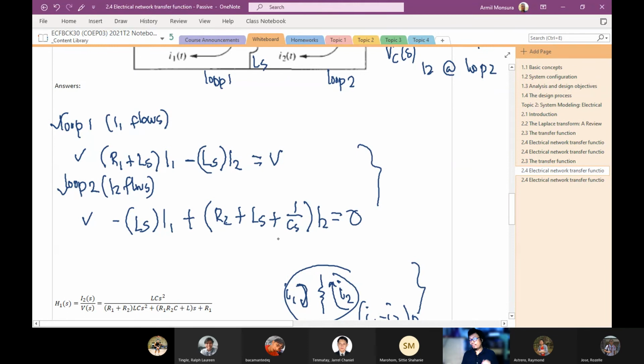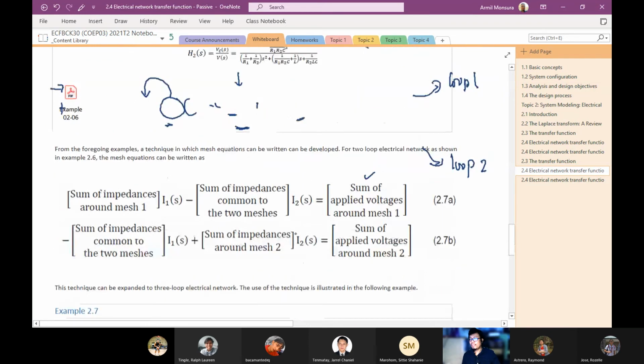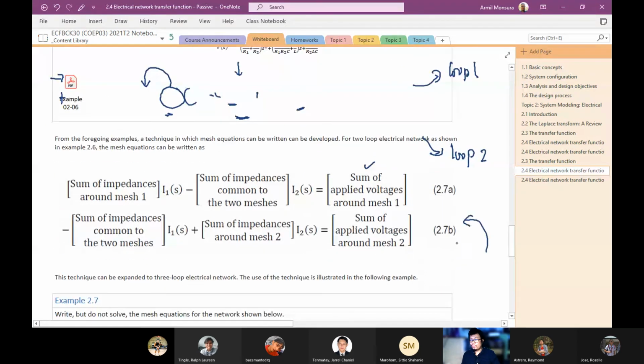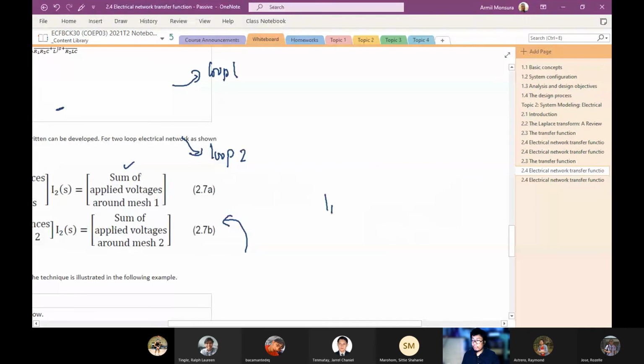I hope you'd be able to practice this technique, and also to be able to extend that to multiple loops. Essentially, yung rules na gagamitin nyo, for example, mayroong 3 loops, pareho lang naman. It's just that magkakaroon kayo ng tatlong currents kasi tatlong loops yun: I1, I2, I3.